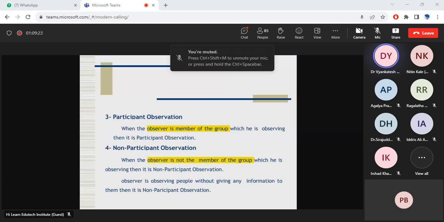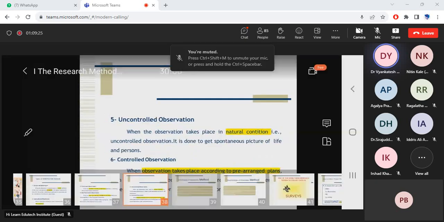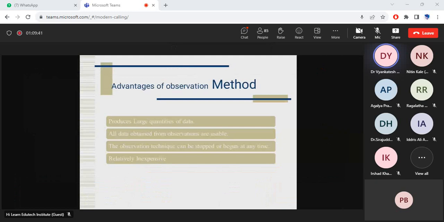So advantages and disadvantages of the observation method: it produces large quantities of data. All data obtained from observations are usable. The observation technique can be stopped or begun at any time and is relatively inexpensive, obviously.